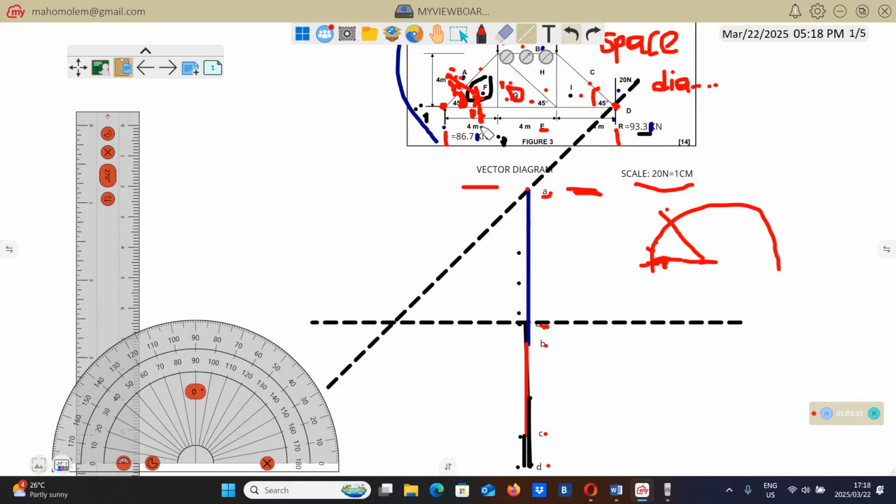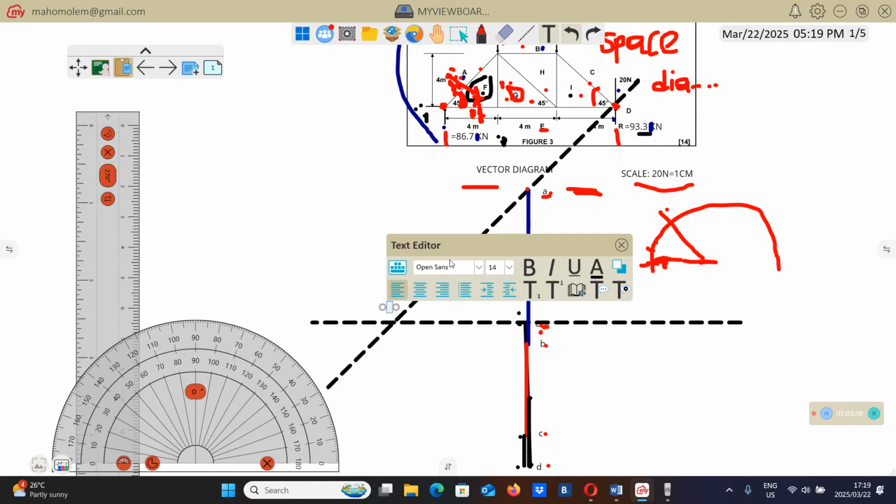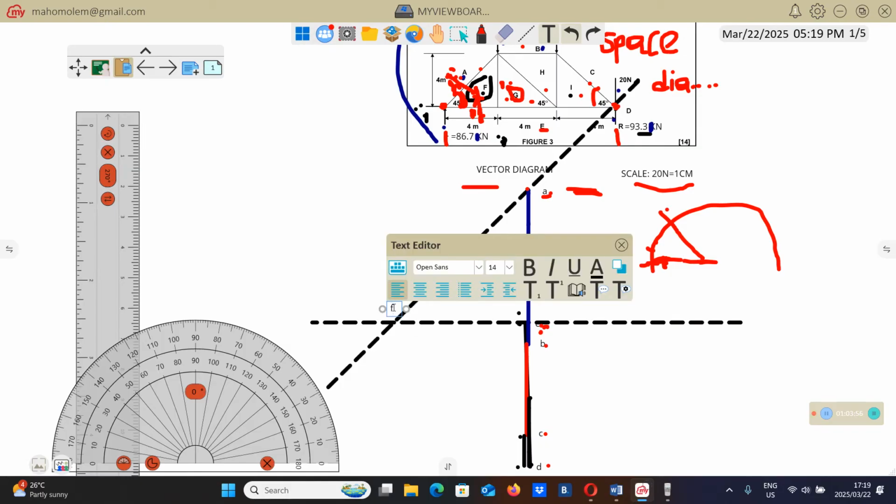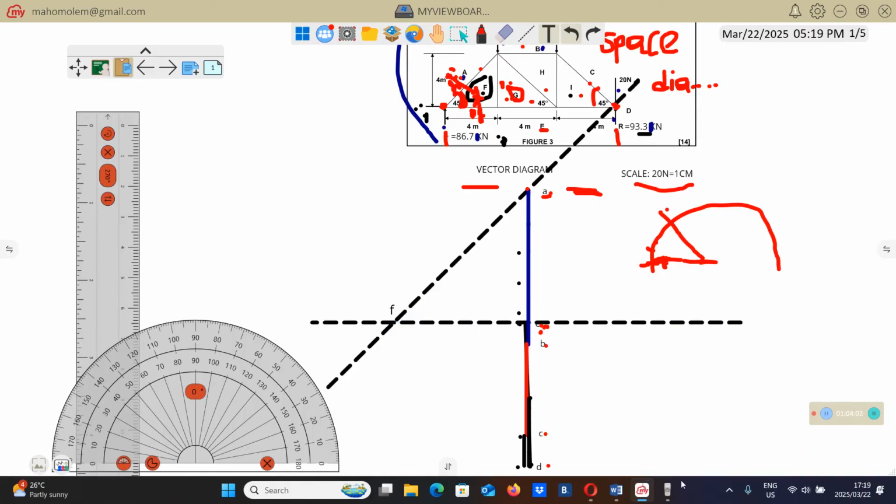Then after that, you come to E. From E to F, there is a horizontal line. That's why from E, which is this point here, we draw a horizontal line. So where these two lines meet, they're going to give us the position of F. So this is point F.